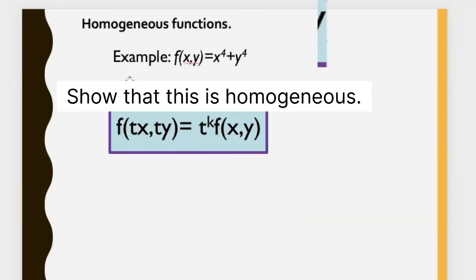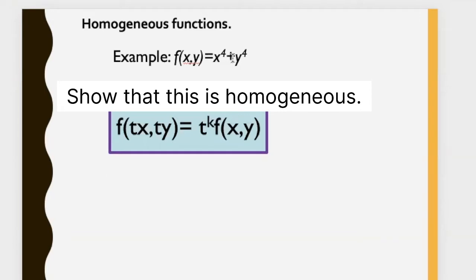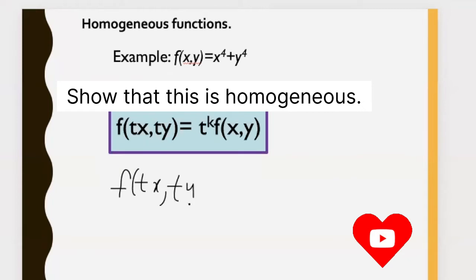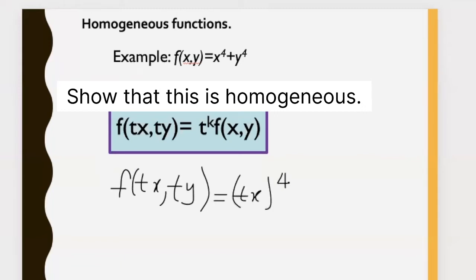For example, I have a function of x and y, x to the fourth plus y to the fourth, and I need to show that it's homogeneous. So for it to be homogeneous, it means that I need to multiply the coordinates x and y by t, and when I multiply x to the fourth, it's going to be tx raised to the power fourth plus y being ty raised to the power fourth.